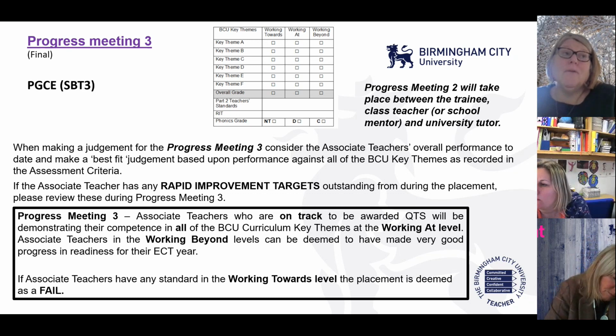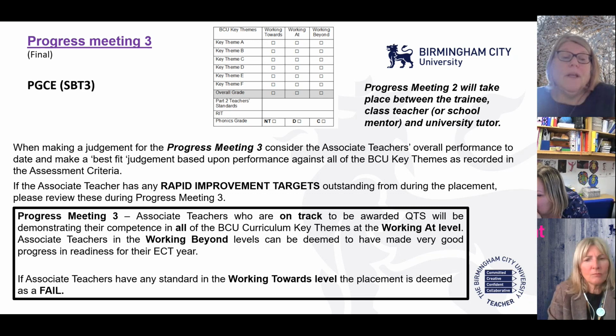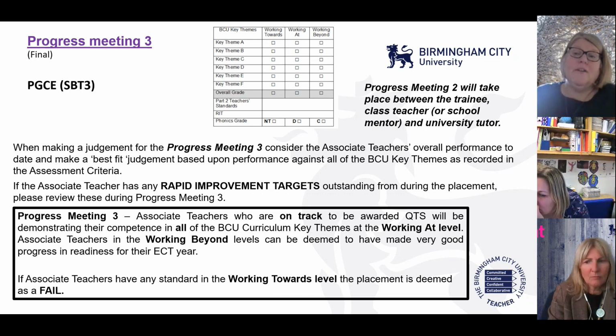So again, it's about how proficient and how competent are they at that point to go to that next stage of training. Again, if any of those working towards statements are not met at that point, that would be deemed as a failed placement.